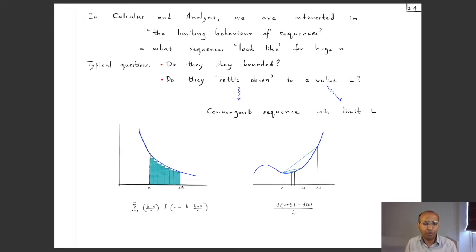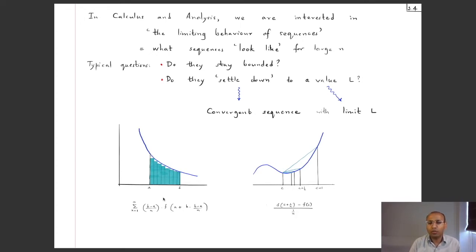So if we divide it into n parts, then this is the base width, and then we multiply it by the value of the function at one of the endpoints, say this one, so that you get these lower rectangles, and then you add them all up. So that's the sum of these rectangles, and this you should think of as the nth term of a sequence. And what we are interested in is what this looks like for large n.